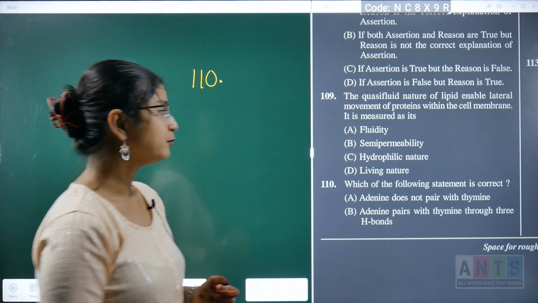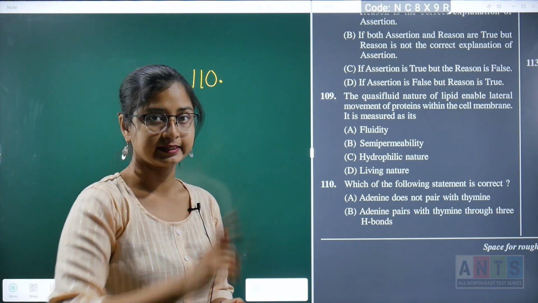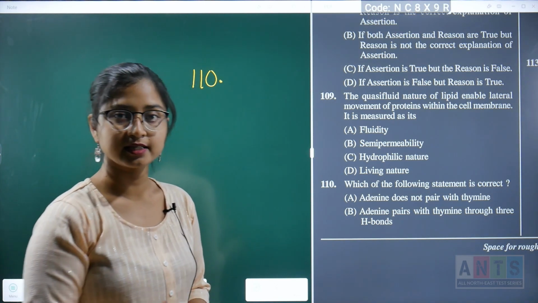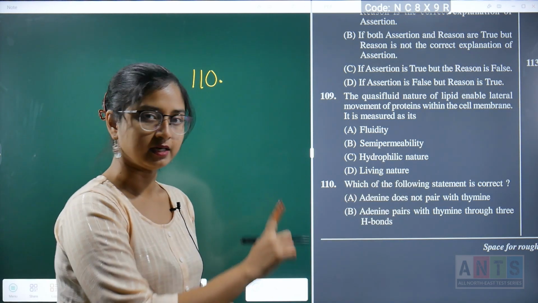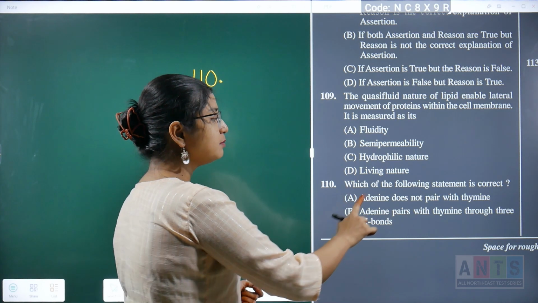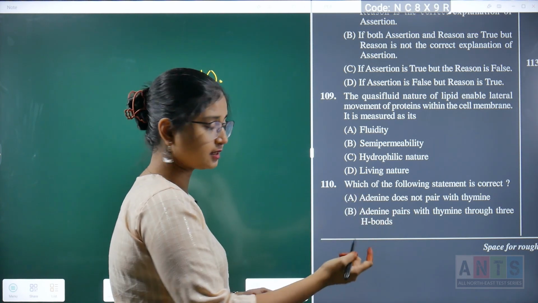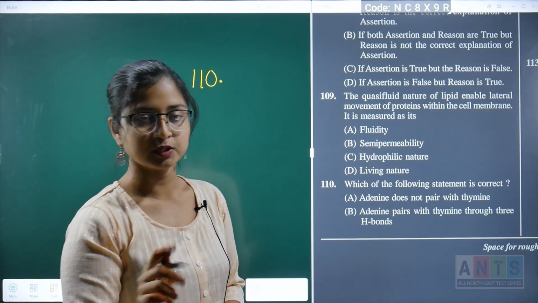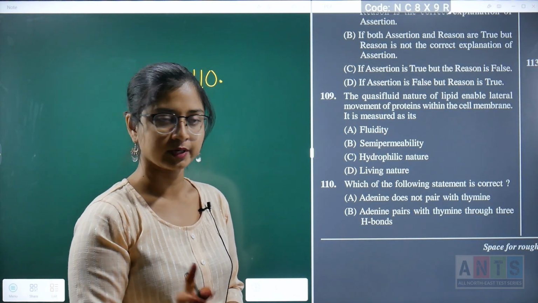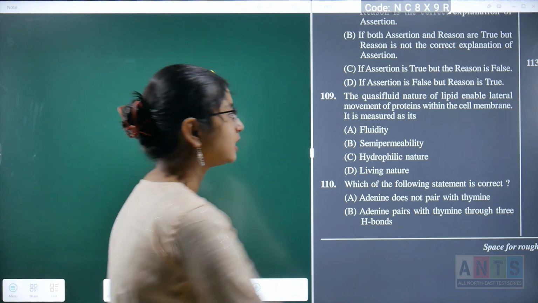Question 110, which of the following statements is correct? This is regarding the base pairings that we observe in DNA. Adenine does not pair with thymine. This statement is wrong. Adenine pairs with thymine, yes, it does, but through 2 hydrogen bonds. So option B seems to be incorrect.